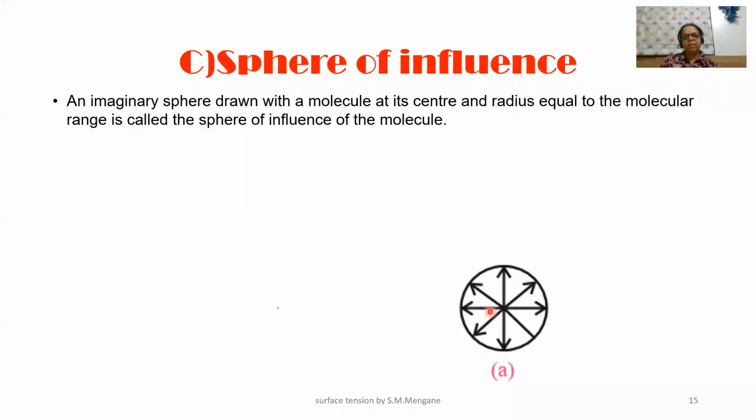So, an imaginary sphere drawn with a molecule at its center and radius equal to the molecular range is called the sphere of influence of the molecule.